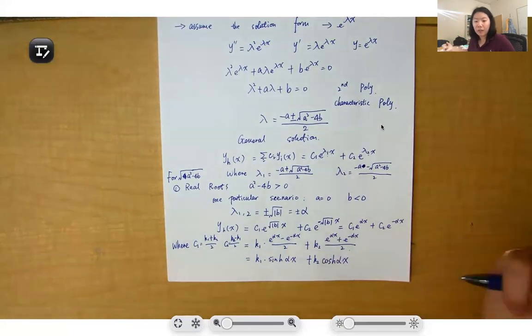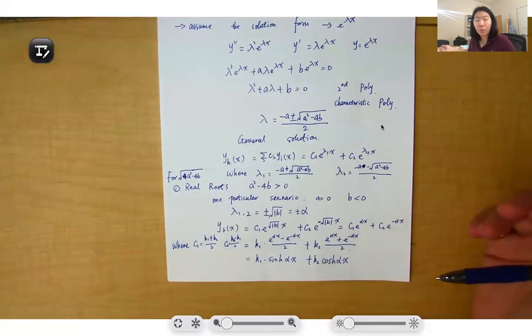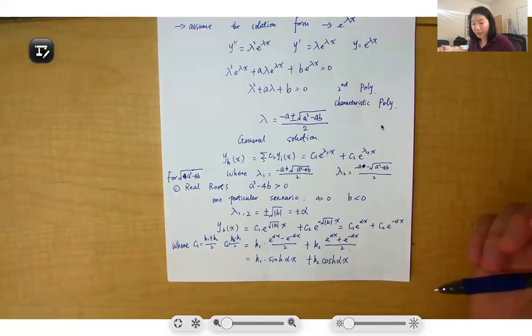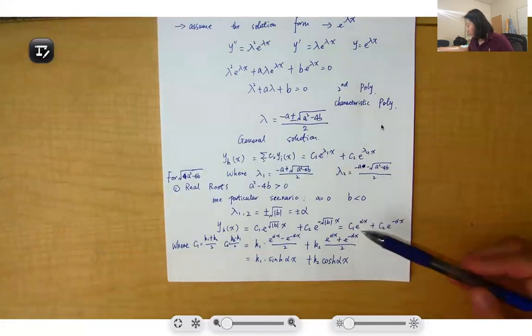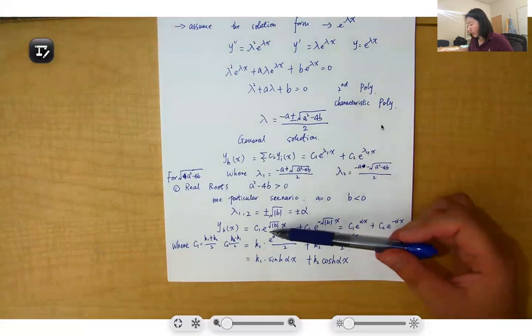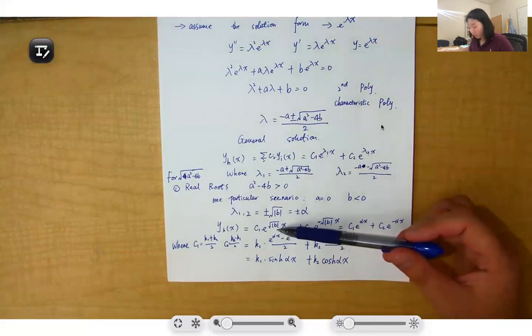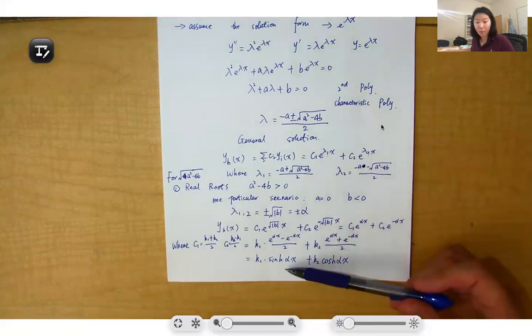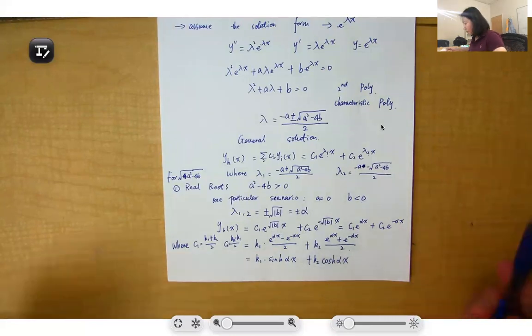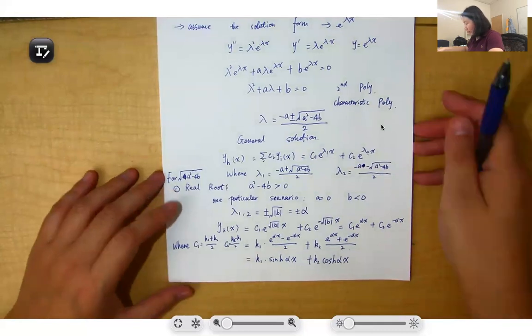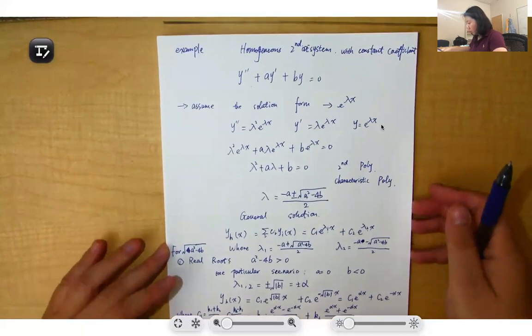So you can imagine the physical meaning of the model you are investigating, but represented by either the exponential part or the sine cosine part are both fine in this class scope. Okay, so that is for the real root.